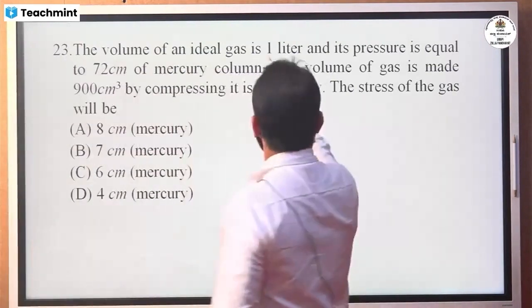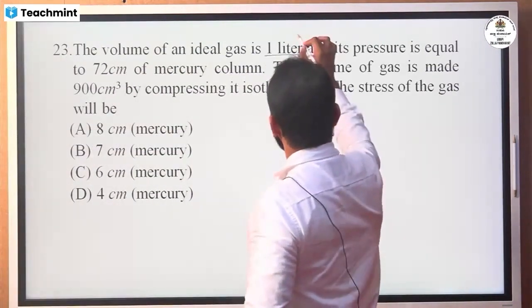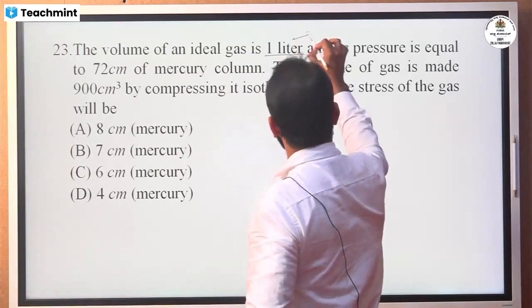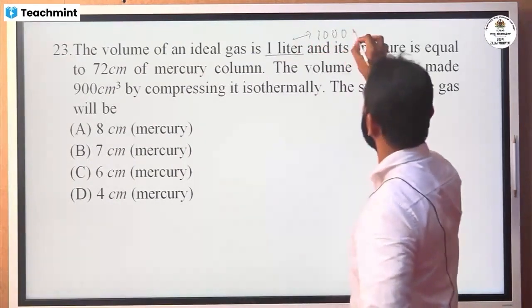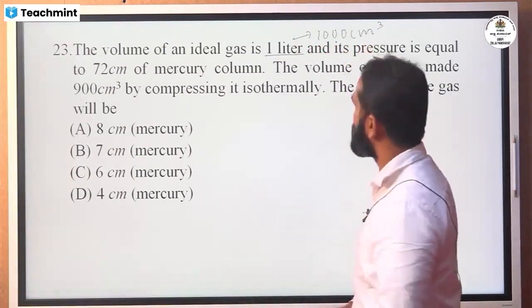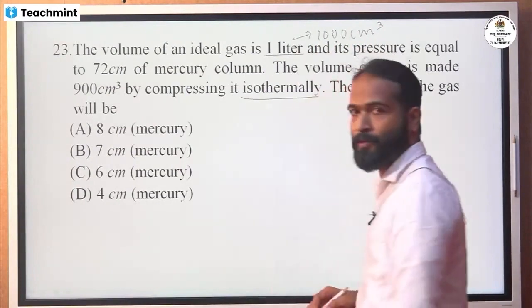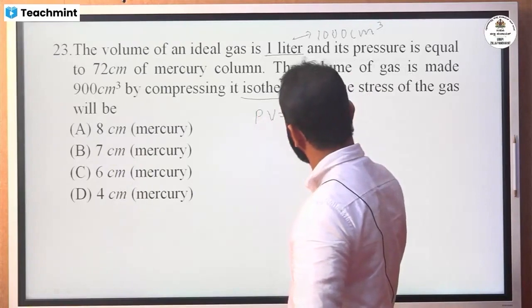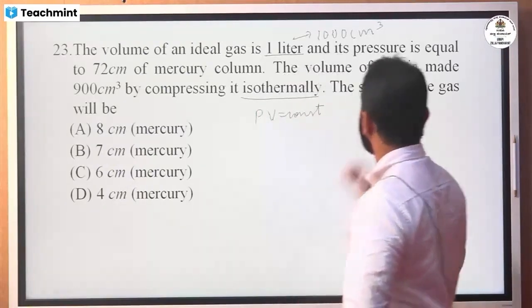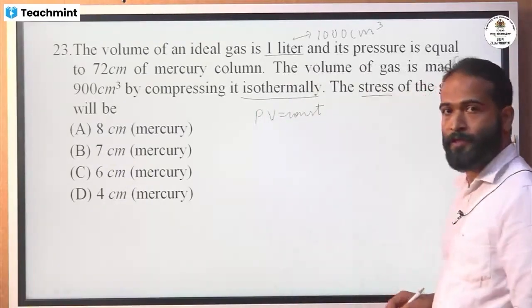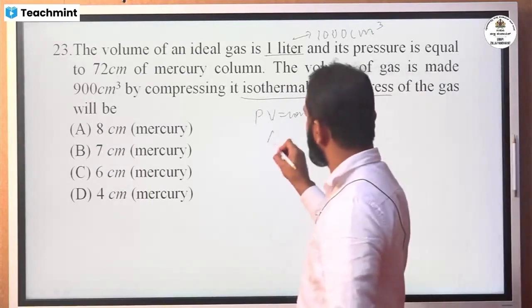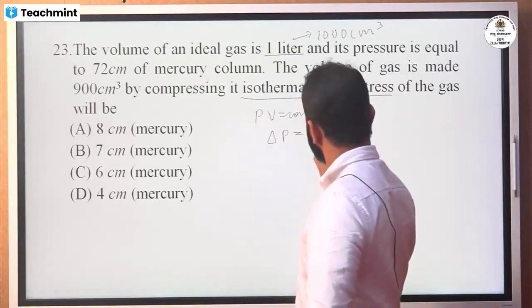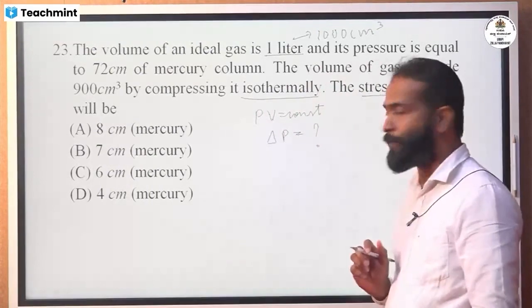Now the given volume is 1 liter, which can be written as 1000 cm cube. The process given here is isothermal, so we have PV equal to constant. What is asked in the question is stress. Stress is nothing but change in pressure, delta P is asked.